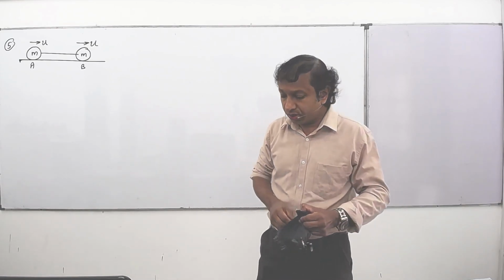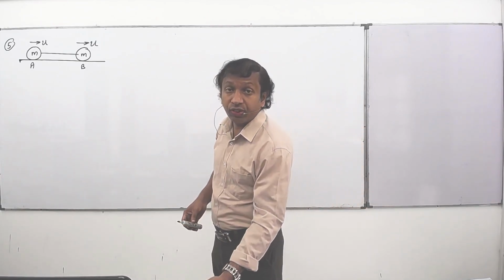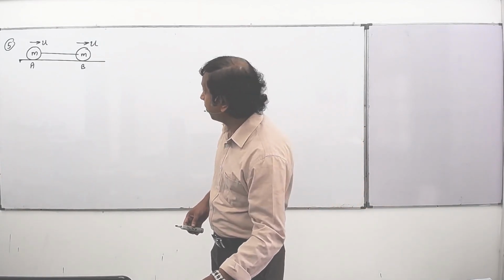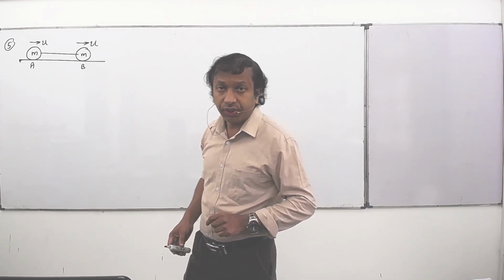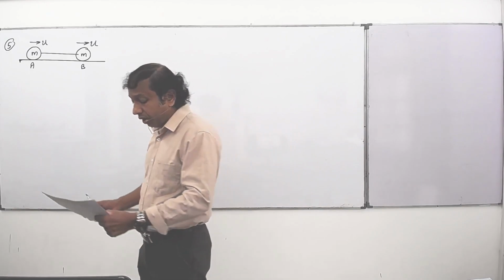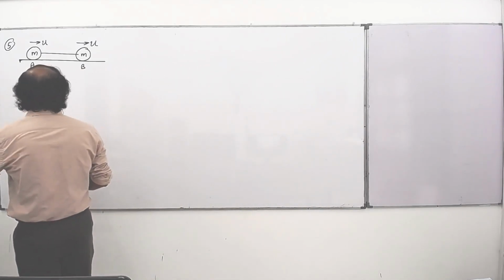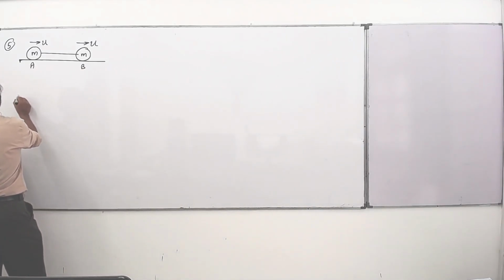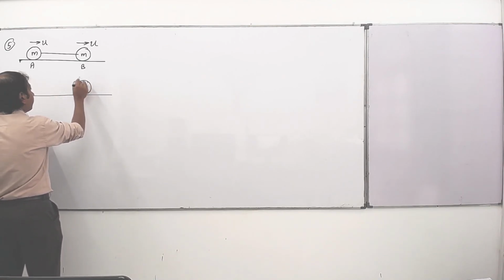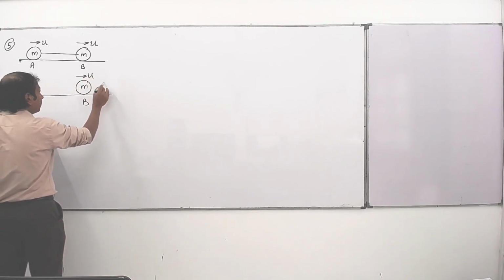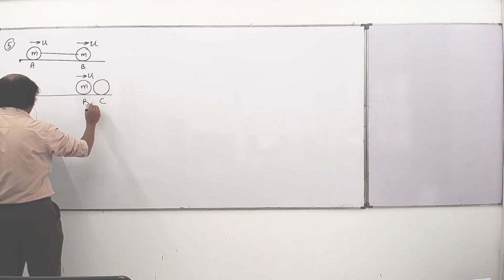So soon after B begins to move with velocity u, A must also be moving with velocity u. Then what happens, people, after moving this way, is that B collides with velocity u with the stationary particle C of the same mass.